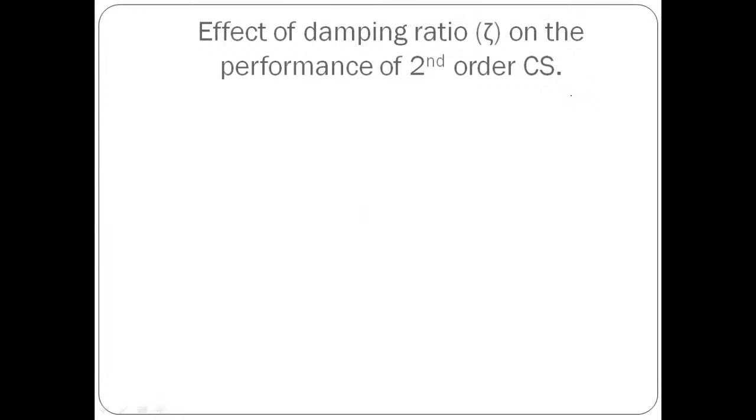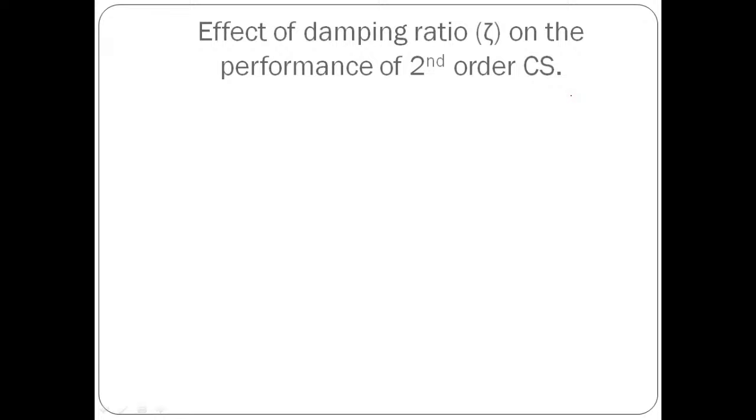If you are done with this, now we are going to understand the most important theoretical aspect, where we are trying to understand what is the effect of zeta on the performance of second order control system. On this theoretical topic, you may have various types of numericals in GATE, for electrical as well as for electronics and communication engineering students. You may have some theoretical type questions, and some numerical type questions on this particular topic.